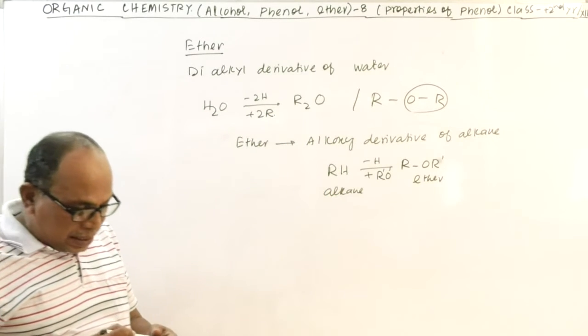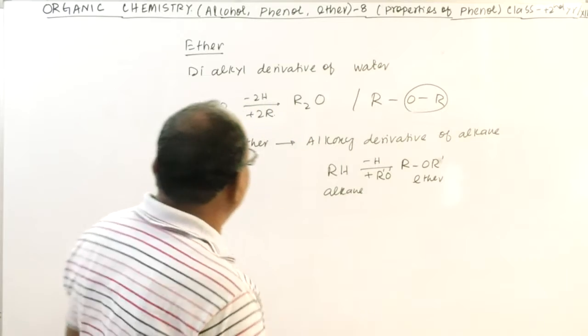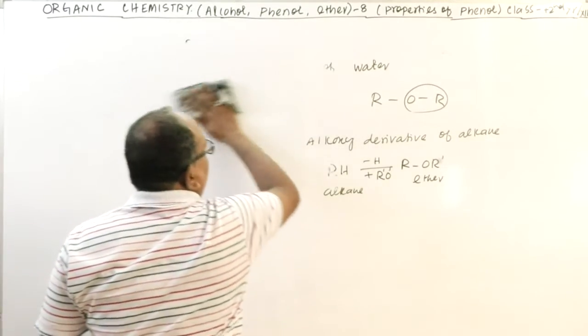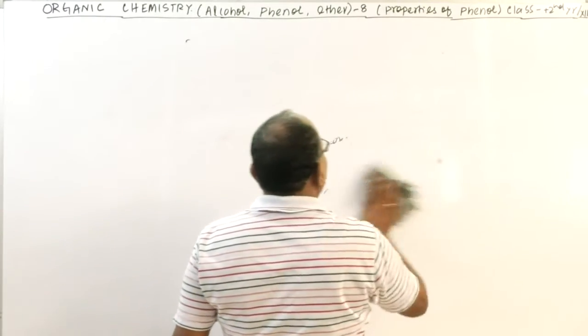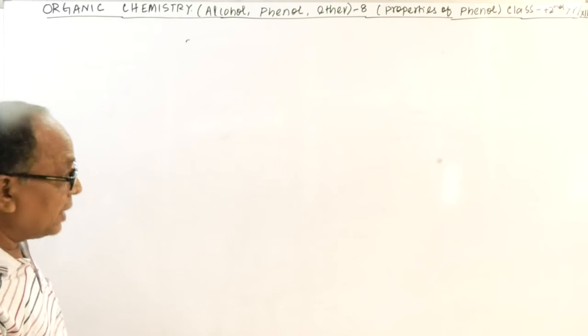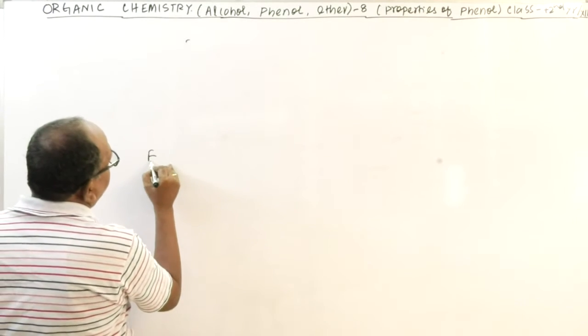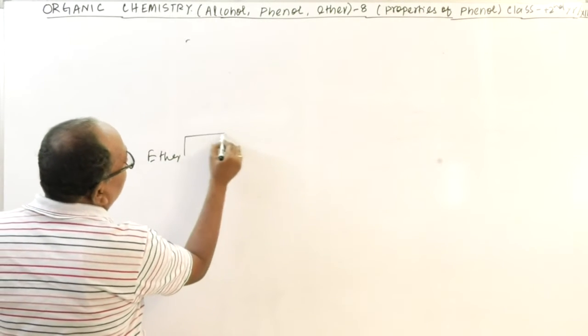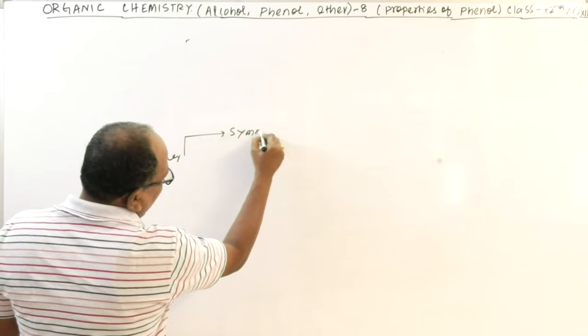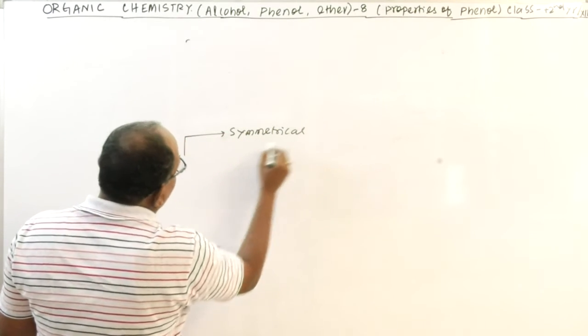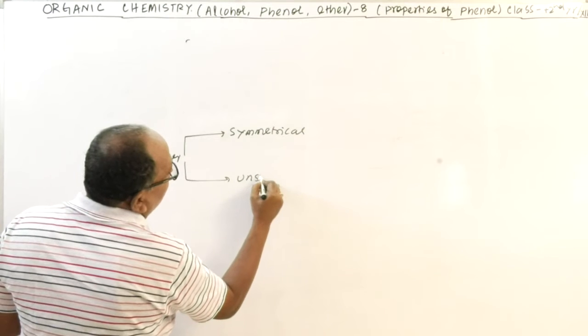Okay students, ether is of 2 types. Ether contains 2 alkyl groups, and it is of 2 types: one is called symmetrical and the other is called unsymmetrical.